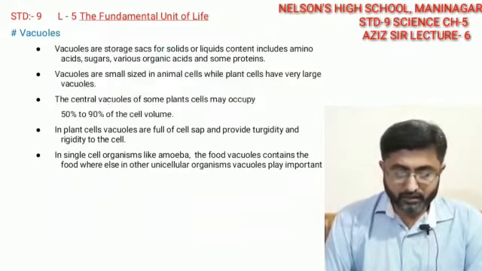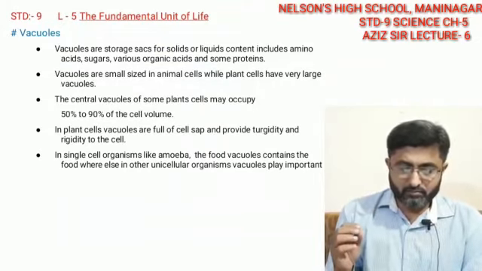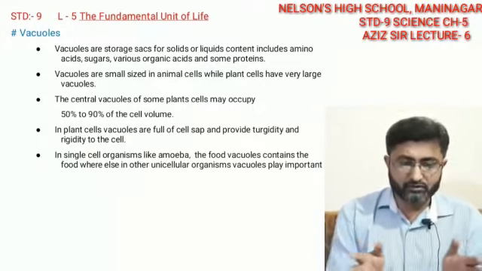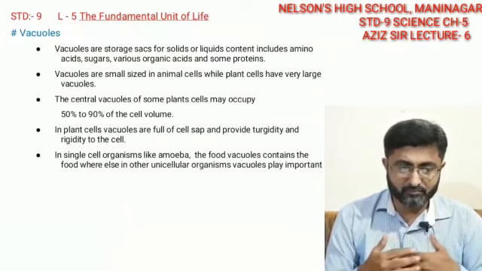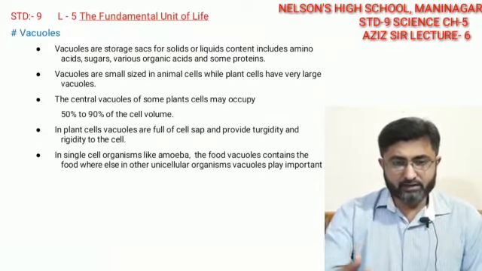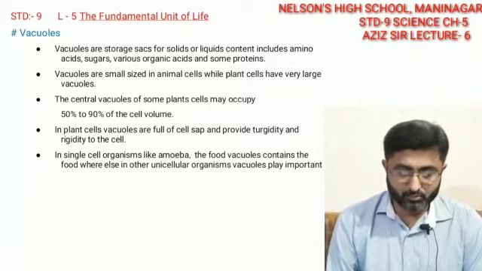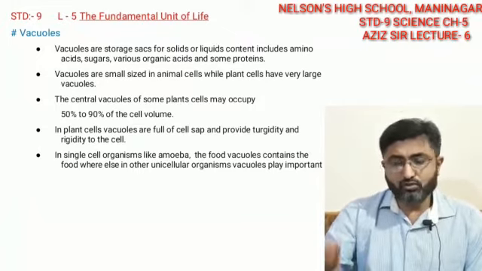Many small organisms like amoeba create food vacuoles, because they create pseudopodia and create water vacuoles inside their body, and grab the food inside, and after that they digest it inside. So they are of great importance in single-celled animals, and also to throw out waste products.